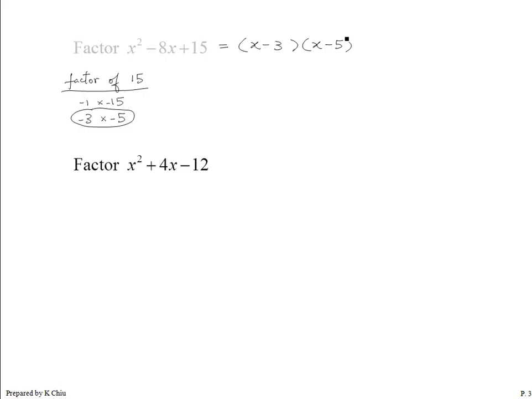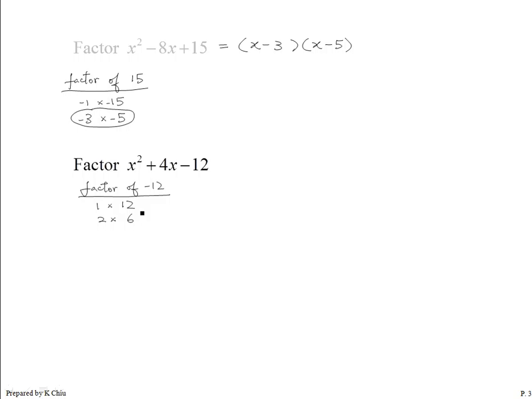Let's see another one. I will consider the factors of negative 12. Now first, we treat it as a positive 12 first. So list out all the possible pairs. 1 times 12. How about 2? Yes, 2 can go into 12. 2 times 6.